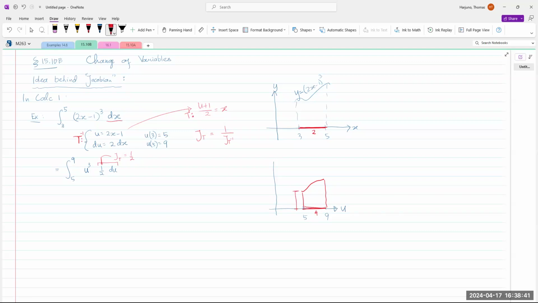Notice, because I already stretched the domain by a factor of 2, right? So what happened with the height? Then we actually shrink that by 1/2. Okay, that explains this 1/2. I hope that that makes sense to you.